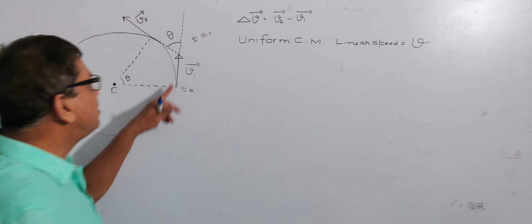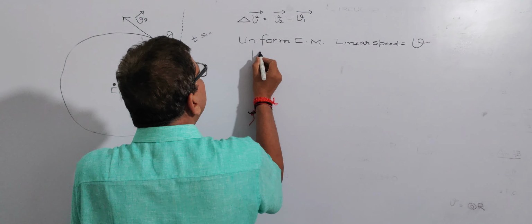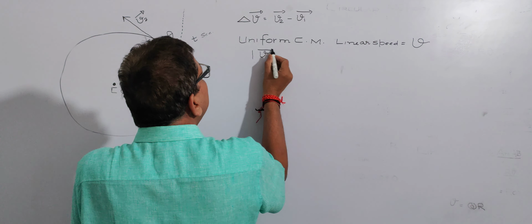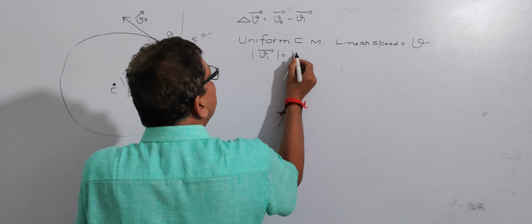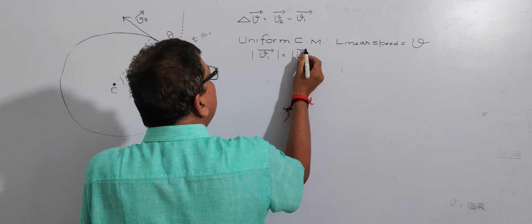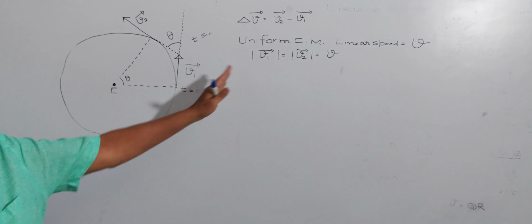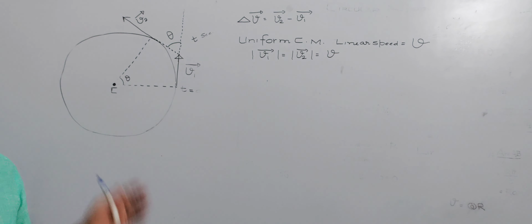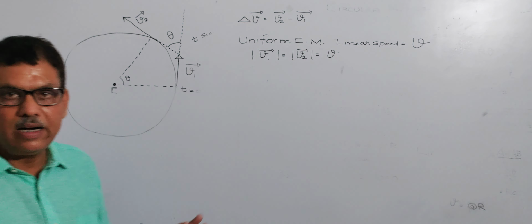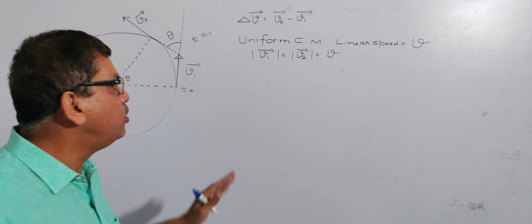Right. So the magnitude of these two velocities at the two instants is the same, and that is nothing but the linear speed of the object moving on the circular path. So in uniform circular motion, at every instant the magnitude of the velocity vector is constant, that is nothing but the linear speed of the object.